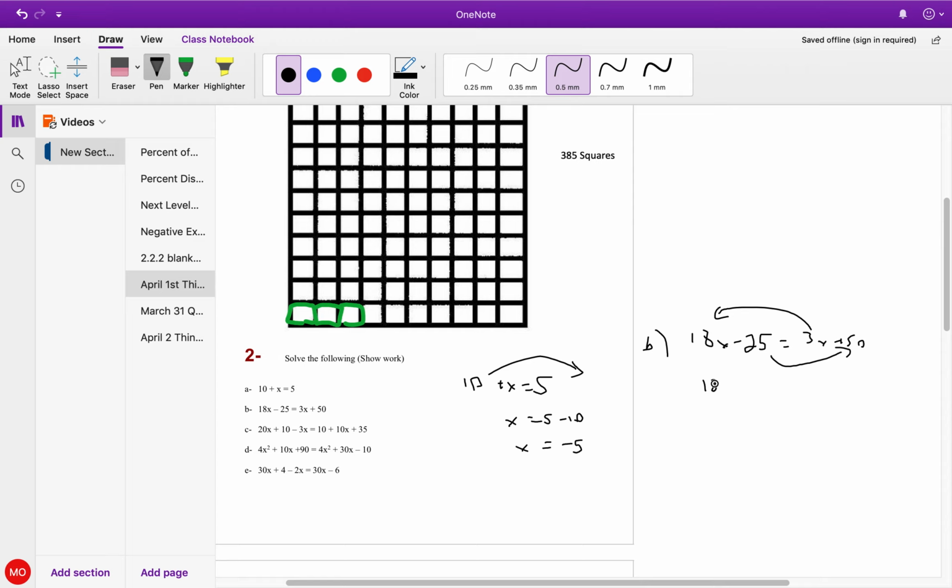So 18x minus 3x equals 50 plus 25, which would equal 15x equals 75. Of course, x equals 5.